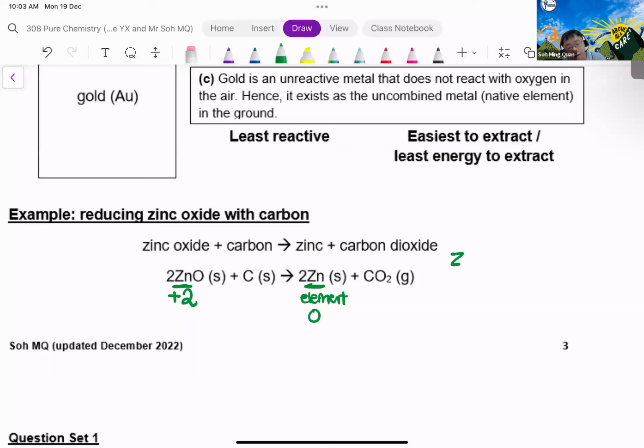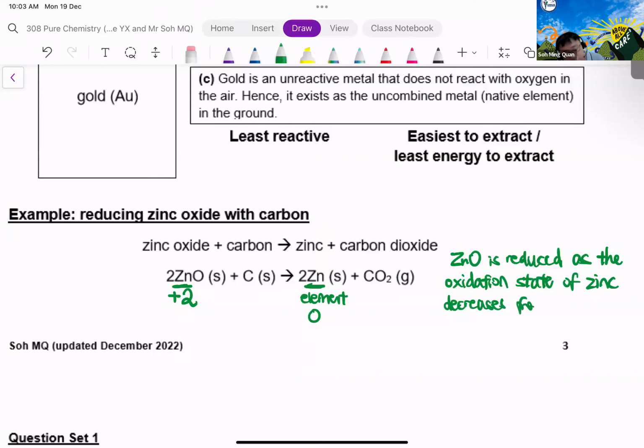So we can say that zinc oxide is reduced as the oxidation state of zinc decreases from +2 in ZnO to 0 in Zn. Okay, so let's take this down to ensure that we still remember how to explain things in terms of redox.